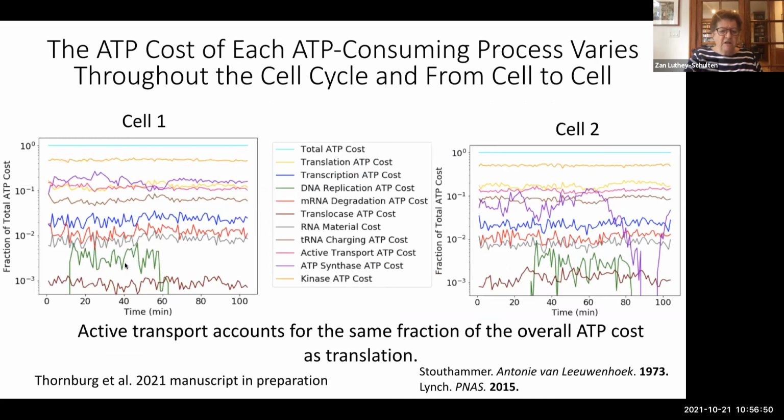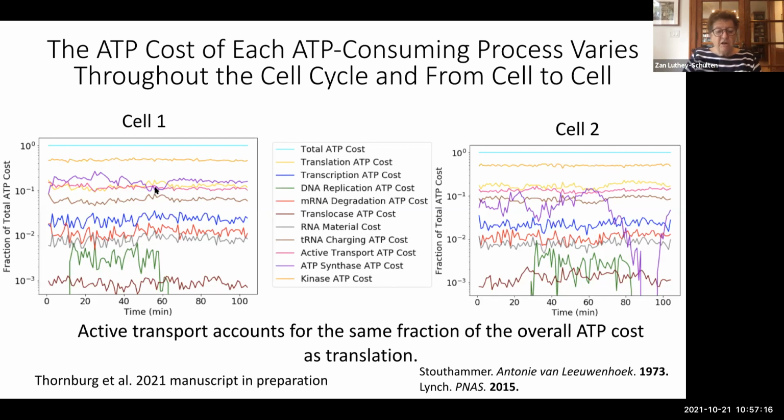Here is DNA replication, which started at about 10 minutes and was over about 60 minutes. And yes, there's an ATP cost associated with making the DNA polymer, but it is much smaller than some of these other processes, including the active transport of the nutrients into the cell.